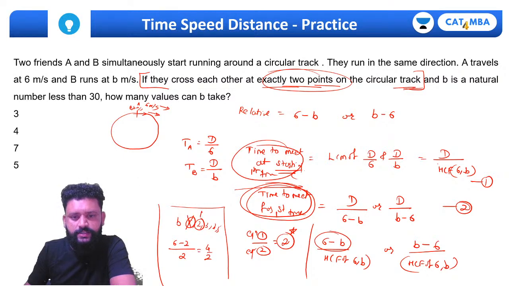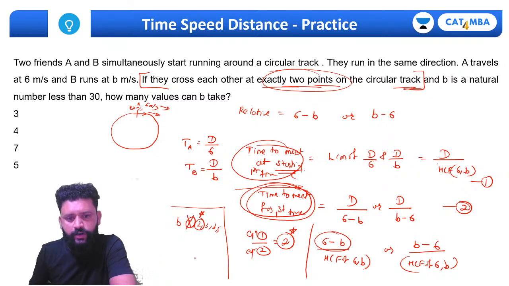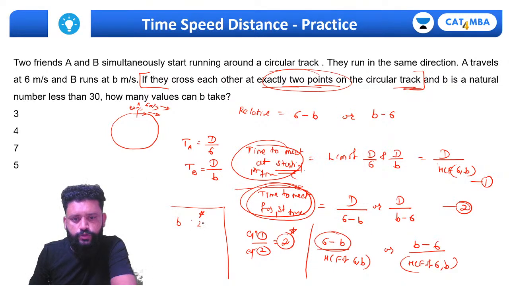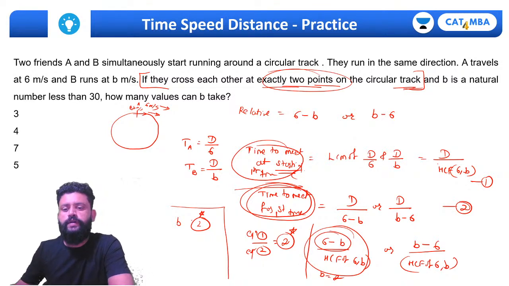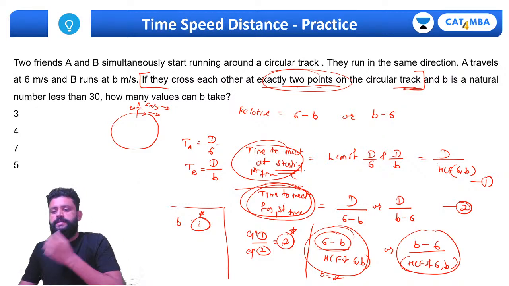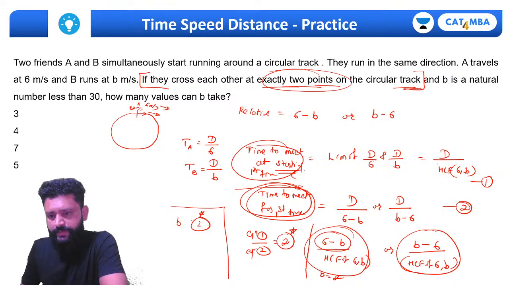That is right. So this is a possible value. It won't work for 3. If you take 3, what will happen? 6 minus 3 upon 3, the HCF will be 3, so this will be 1. It won't work for 4, 5 as well. Simply one thing we can have, b can be 2 in this case.